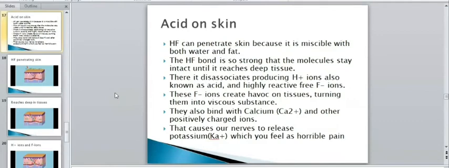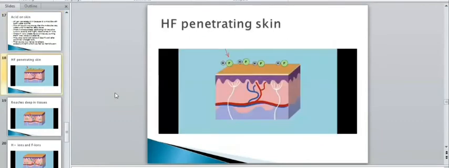These fluorine ions create havoc on tissues, turning them into a viscous substance. They also bind with calcium ions and other positively charged ions. That causes our nerves to release potassium ions, which you feel as horrible pain.